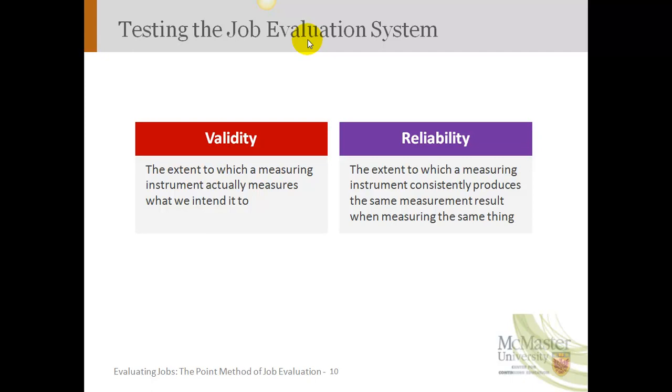We would need to take a certain number of jobs from different job families across our work environment and apply the job evaluation system to make sure that it's reliable and it's valid. You've got to imagine, in a large work environment with a lot of jobs like in healthcare or education, that could take an inordinate amount of time.